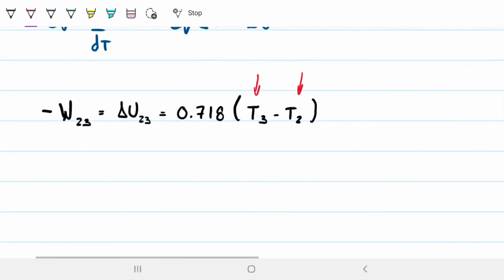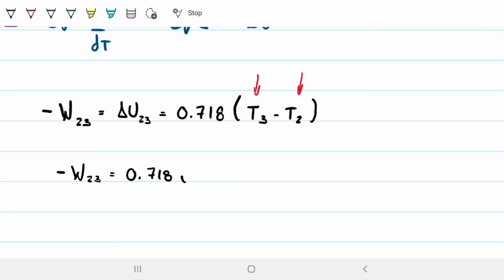This is the lower reservoir, this is the upper reservoir, so we're left with 0.718 times (325.2 minus 813). Unit-wise, we have kilojoules per kilogram Kelvin for C_V, and we're multiplying that by Kelvin. So we'll be left with energy per unit mass, which is exactly what the question is asking us to find.